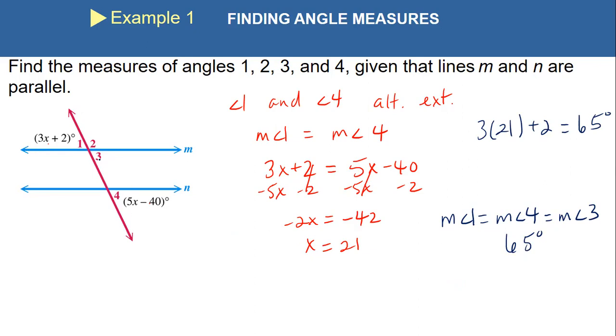And why do we know 3? It's a vertical, right? Or it's also corresponding. Okay, and then therefore, what is the measure of angle 2?